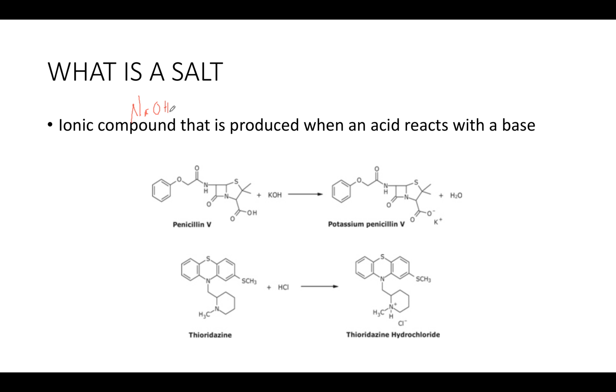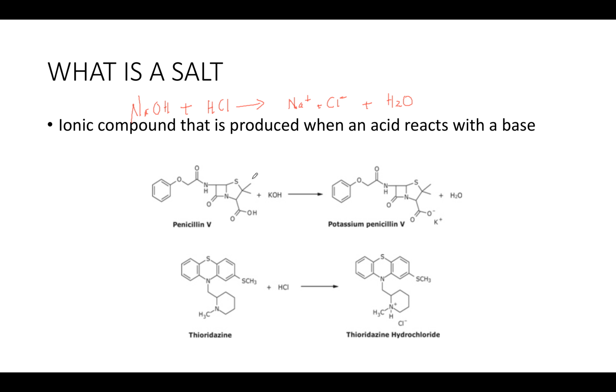So for instance, sodium hydroxide reacting with HCl is going to give us sodium chloride. This will exist as a salt form. And obviously you're going to have a water molecule here.